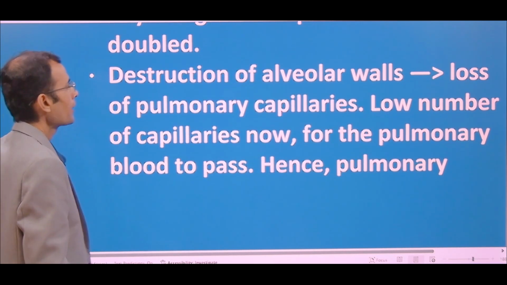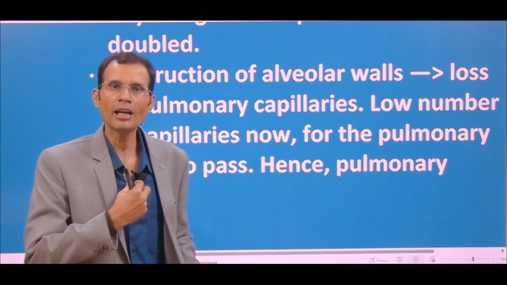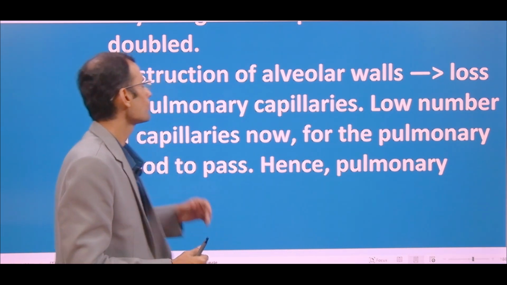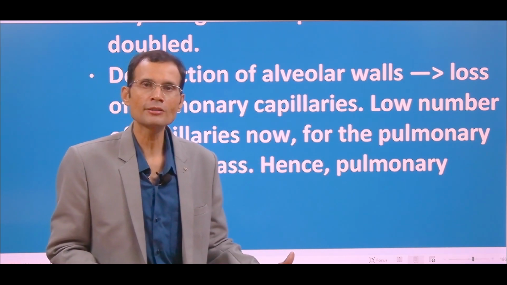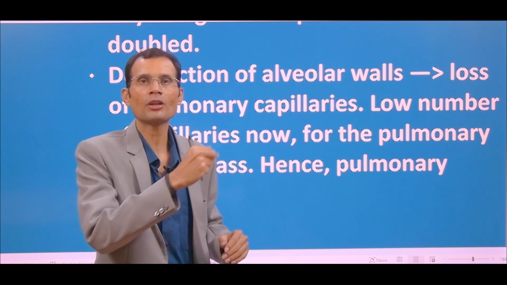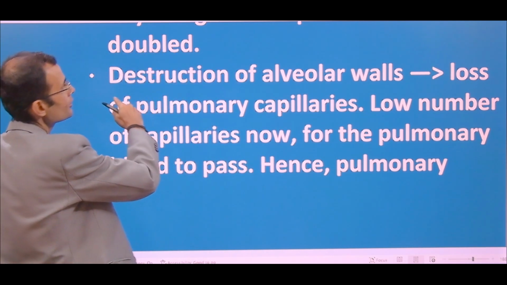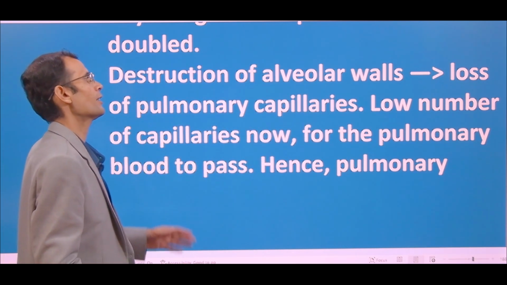All right, now let's see the third part. We saw what happens in the airways as chronic bronchitis. Then we saw what happens to the alveoli, alveolar walls. Now the third point is pulmonary capillaries in those alveolar walls. Destruction of the alveolar walls, so loss of pulmonary capillaries.